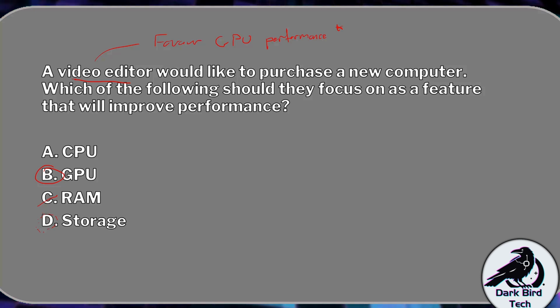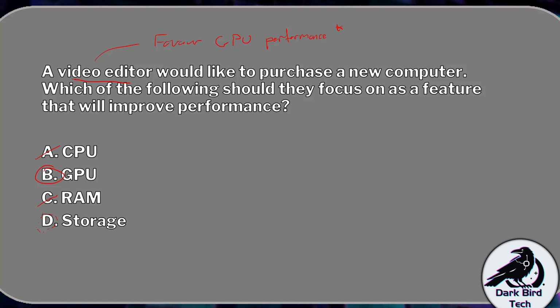CPU, not really. There are some video editing tools out there that do favor CPU performance, but not that many. I mean, the one I use does favor CPU over GPU performance, but only for certain video formats. So GPU generally would be better for a professional video editor, especially if they're using anything from the Adobe suite.